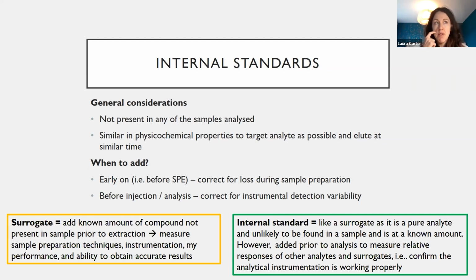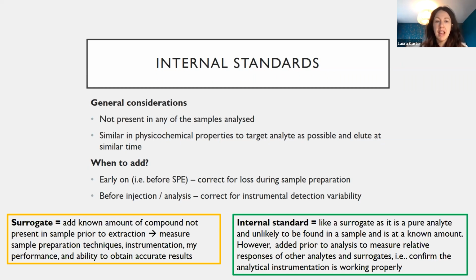Just to recap, if you add your internal standard at the beginning, this is typically called a surrogate, and this is when you can account for errors in sample preparation. If it's added just before the injection and analysis, then this is more likely going to allow you to account for recoveries and instrument variability with the instrument specifically.